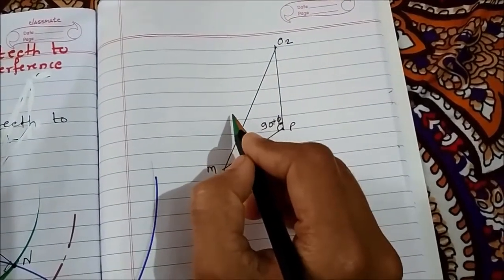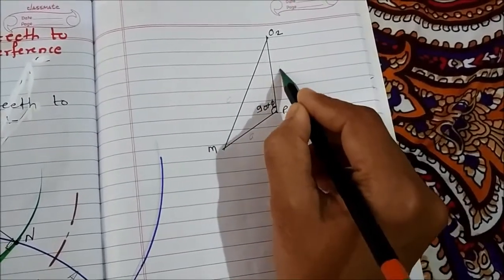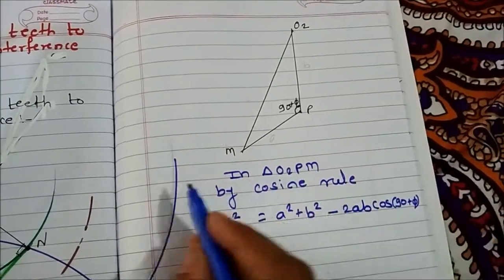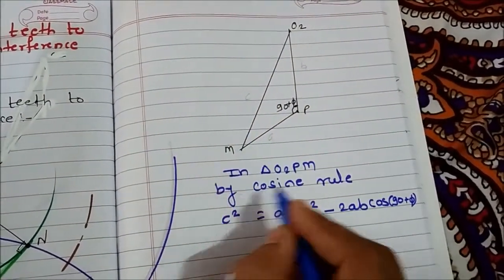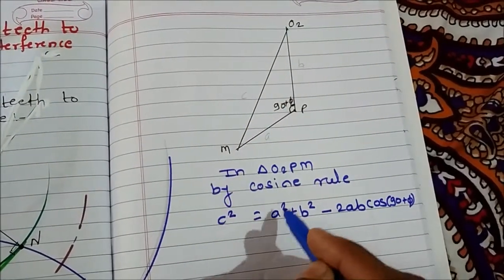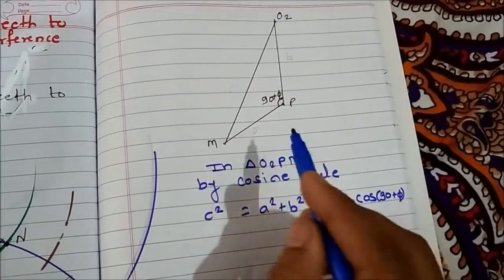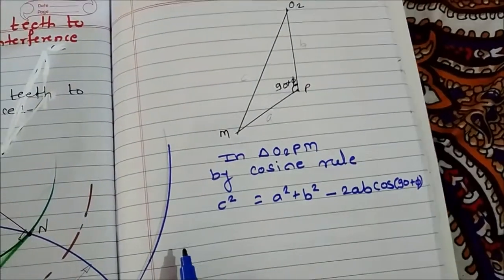Let us say this side is C, this is A, and this is B. By using the cosine rule in triangle O2PM, we can write C square is equal to A square plus B square minus 2AB cos of this angle, 90 plus phi.